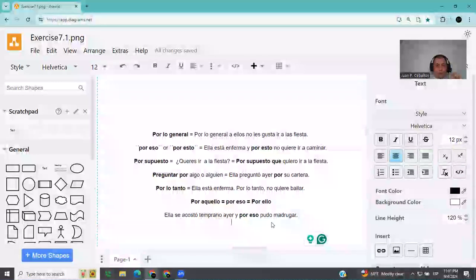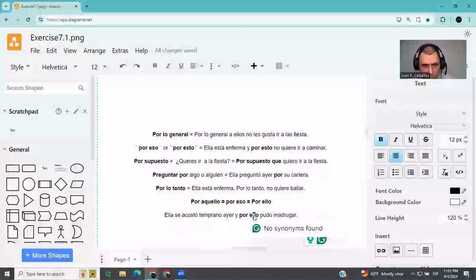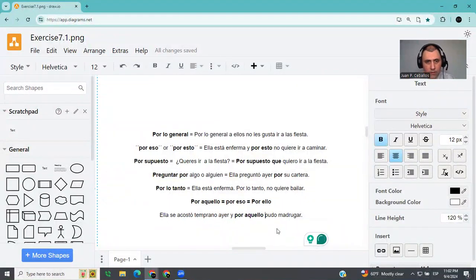She went to sleep early yesterday, and because of that, she was able to wake up early. And now I can change it for aquello. Ella se acostó temprano ayer y por aquello pudo madrugar.